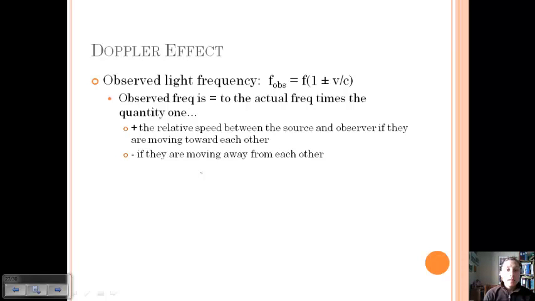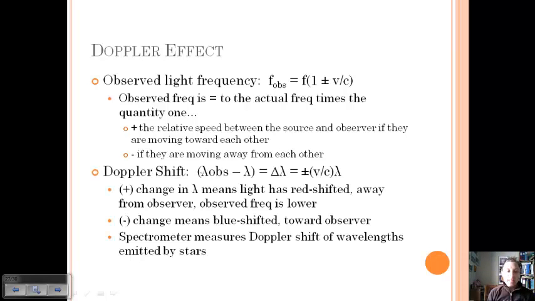It would be positive if the source and the observer are moving toward each other, then we would say it's 1 plus v over c. It becomes 1 minus v over c if they're moving away from each other. So if you're standing here and there's a light moving towards you, we would say that's positive. If the light's moving away from you, then we would say that it's negative.